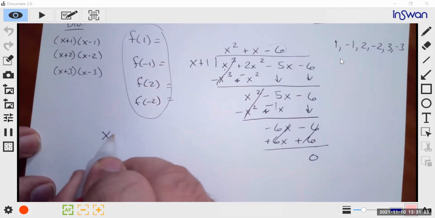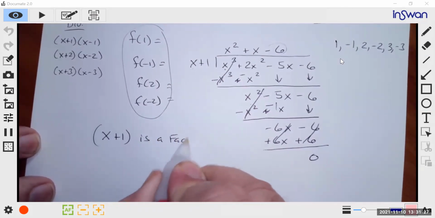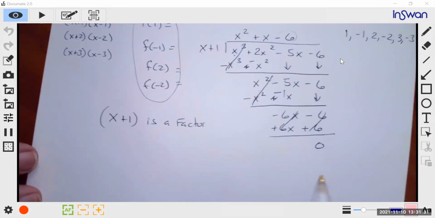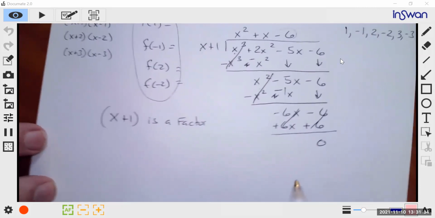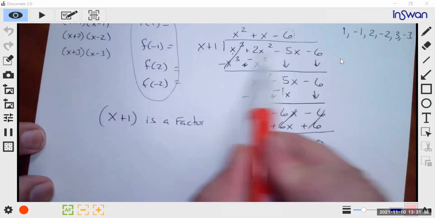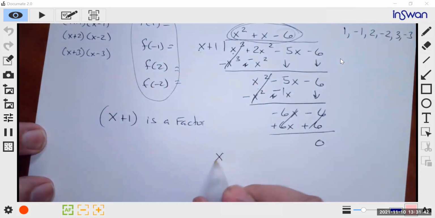So x plus 1 is a factor. Now the hard part's over. We don't have to do this long division anymore because all we have to look at now is the quotient.